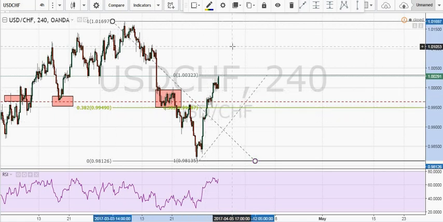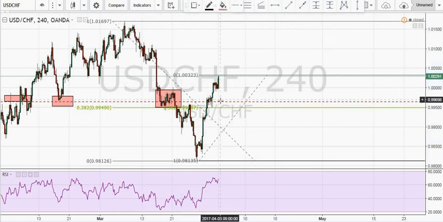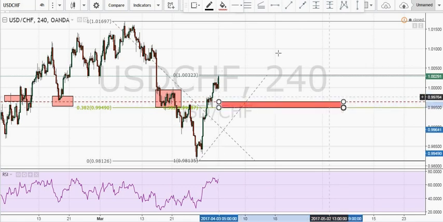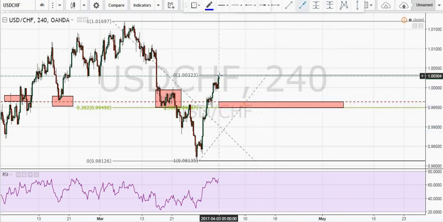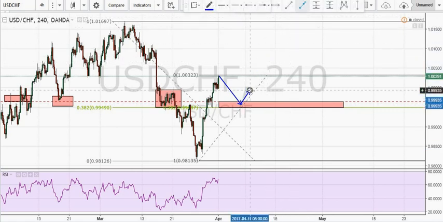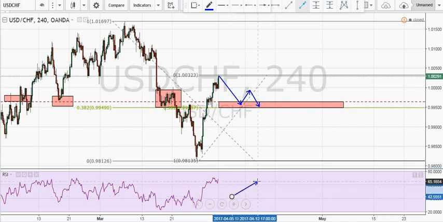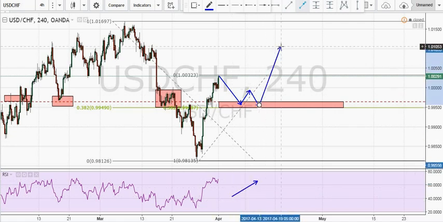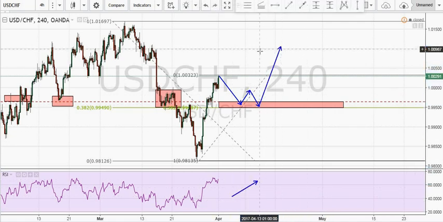So this could potentially be our decision zone, which means that if price were to come down here, I would be looking to long the pair. If I was a more conservative trader, I'd be looking for a double bottom and a divergence in RSI before I buy the pair. Alright, so this is a potential long opportunity.